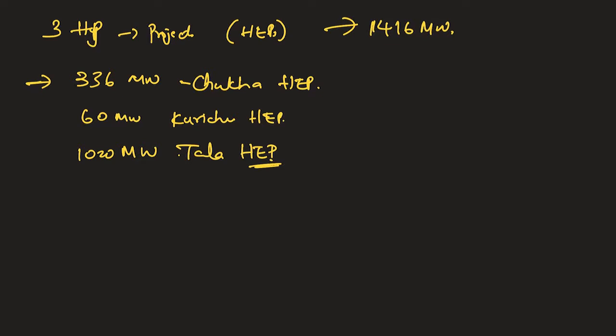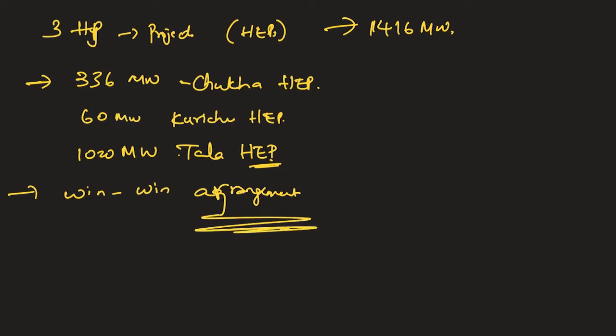These are the 336 megawatt Chukha hydroelectric project, the 60 megawatt Kurichhu hydroelectric project, and the 1020 megawatt Tala hydroelectric project. For many decades, this has been seen as a win-win arrangement, and there are plans to expand it massively.